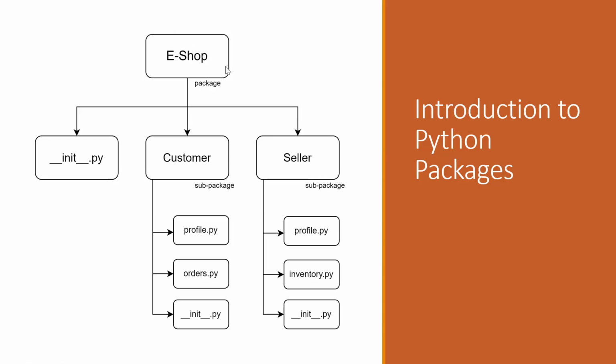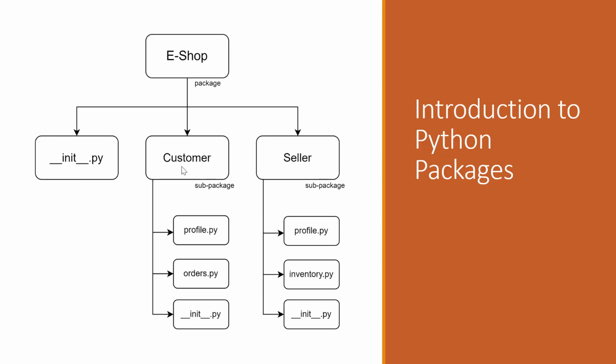In this example, we can see that eShop is a package. This package consists of two sub packages, customer and seller. Now how will the Python interpreter recognize this eShop as a package? It will be done with the help of this __init__.py file.